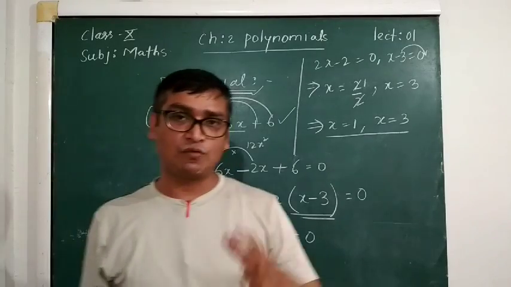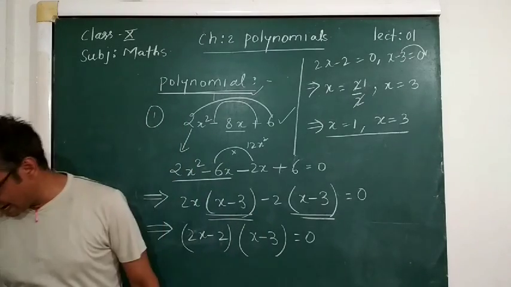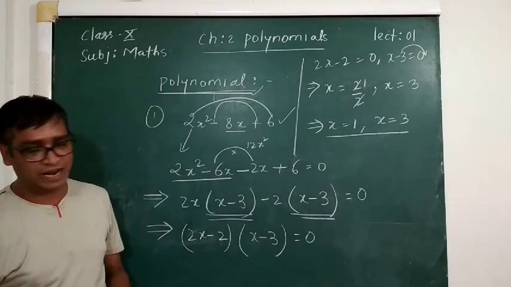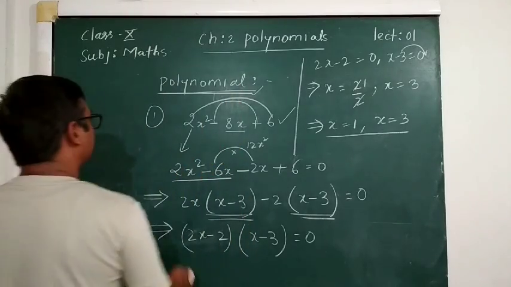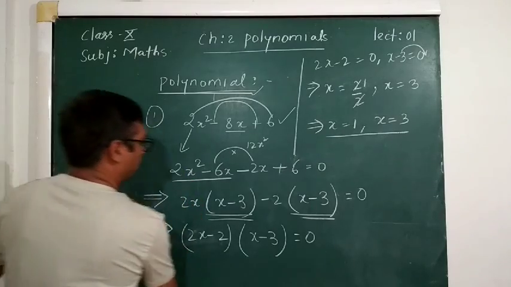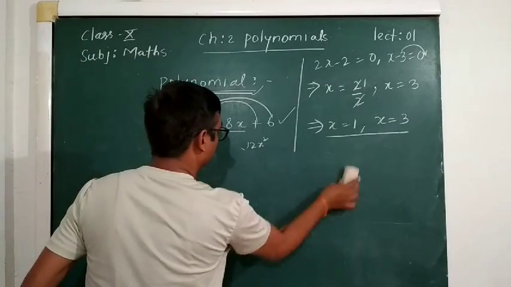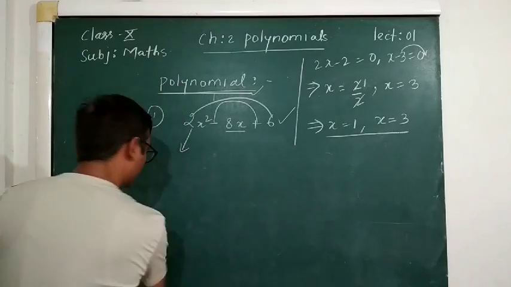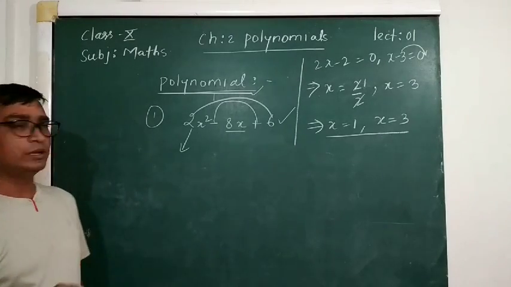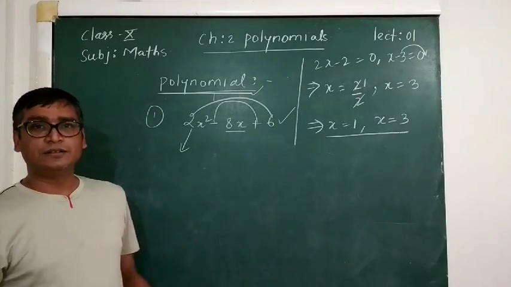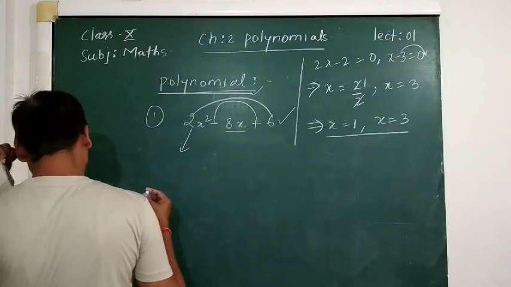Now we have to find out one relationship between these two: the zeros and the coefficients of the polynomial. How to find out the zeros and coefficients of the polynomial? Let's see over here. Now we have to correlate the zeros and their relation with the coefficients of the polynomial.